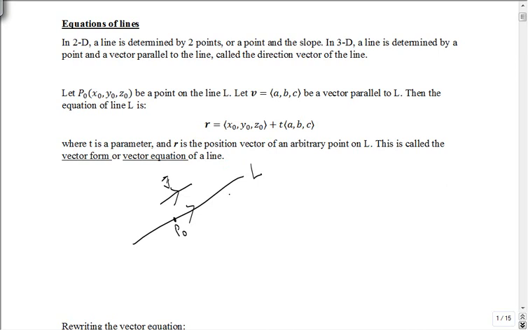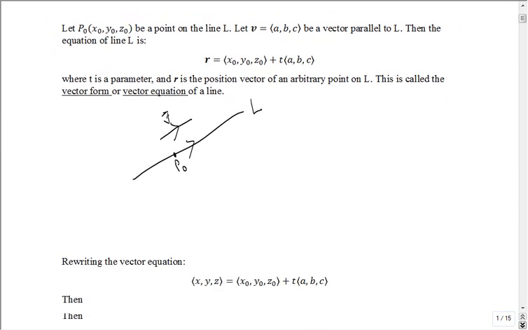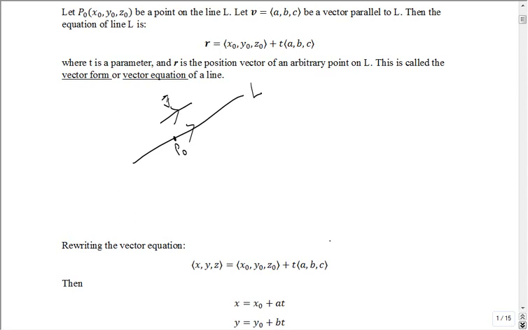From it, you can derive the other two ways that you can express an equation of a line. There are three ways: the vector equation, the parametric equation, and the symmetric equation. Let's find the parametric equation. R is the position vector of any point on the line, so let's call it x, y, z.